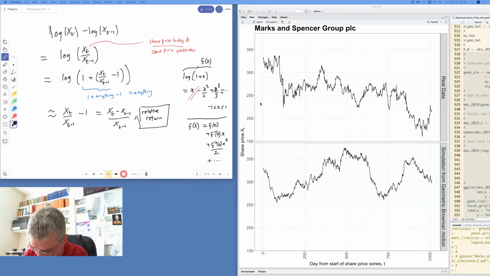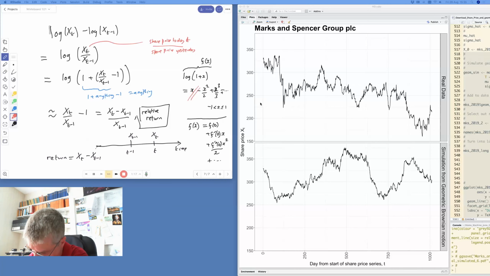And why is that? Well, if we think about time going along here, and say I buy a share at time t minus 1 at a price of xt minus 1, and then I sell it again at time t at a price of xt, then the return that I get for doing that is going to be what I get minus what I spent.